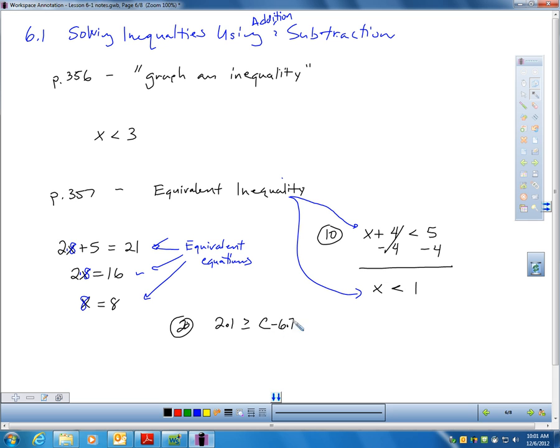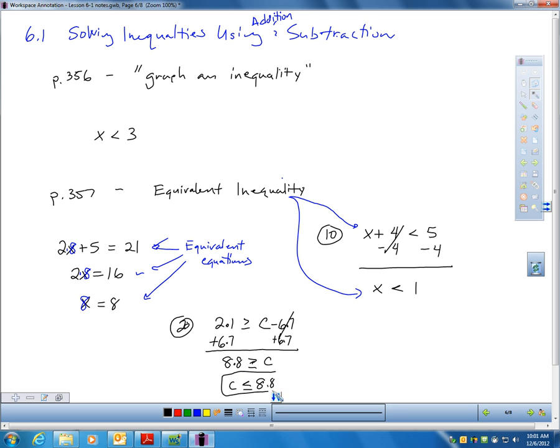Well, the way to get rid of minus 6.7 is to add 6.7 to each side. That means we keep our inequality symbol, and we get 8.8. In other words, 8.8 is greater than or equal to c. If I want to flip this whole thing over so I can have my variable on the left, I could write c, but remember, the alligator eats 8.8.